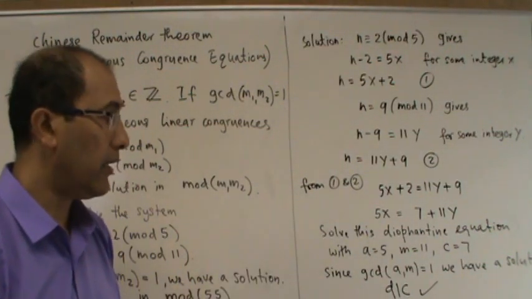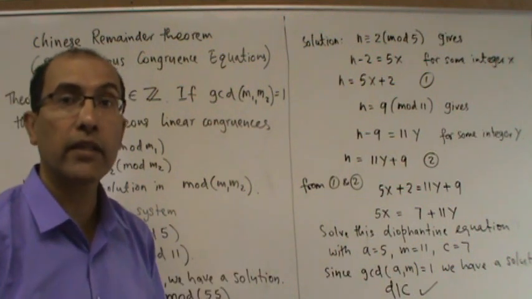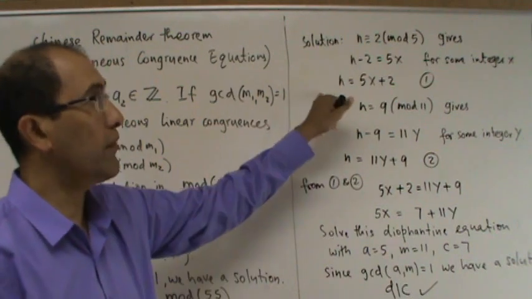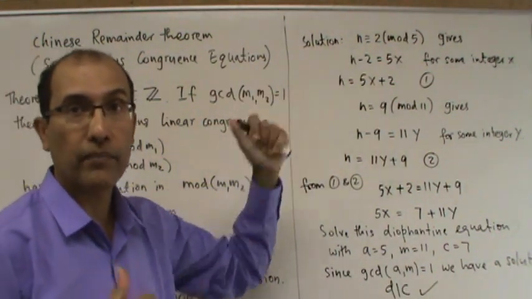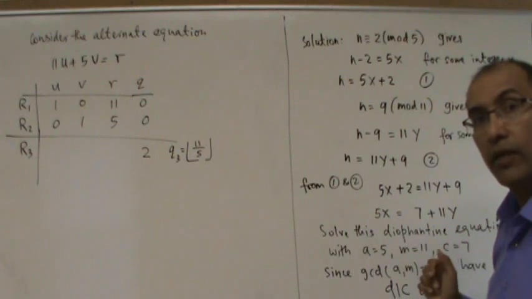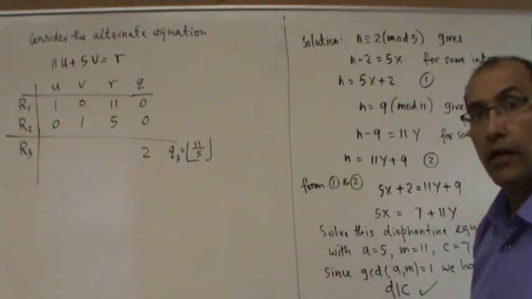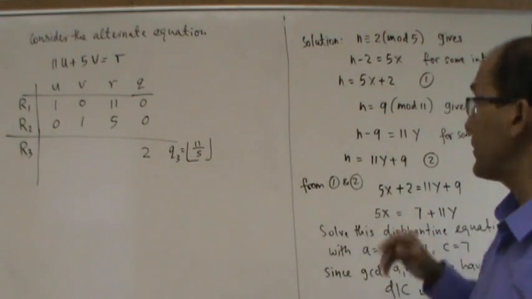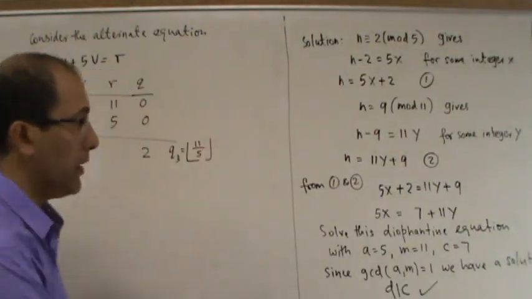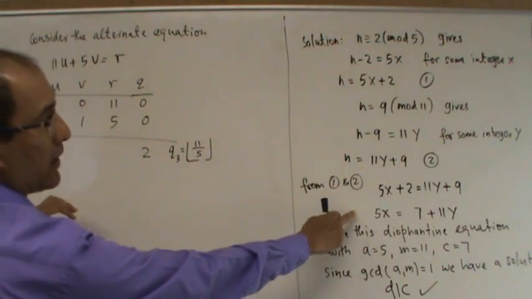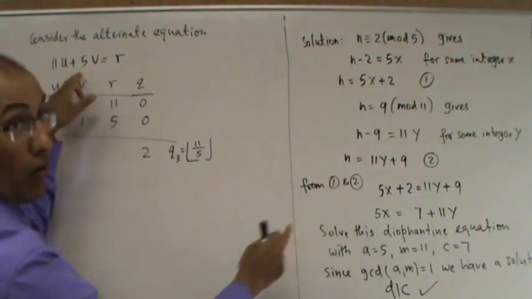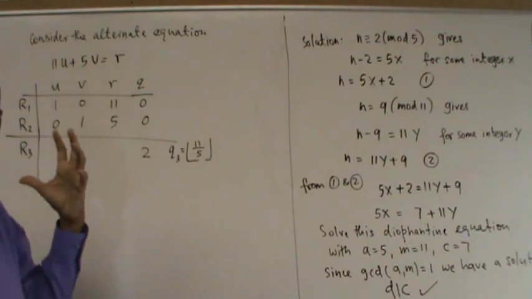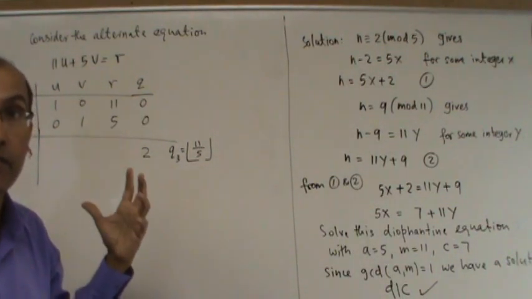So we know it has a solution, let's find the solution to the Diophantine equation, find that x, and then we can find the n from here. Okay. To solve this equation, let's use the extended Euclidean algorithm, and instead of solving this equation, I'm going to look at the alternate equation, because I want my first number to be the bigger number and I do not want negative numbers.